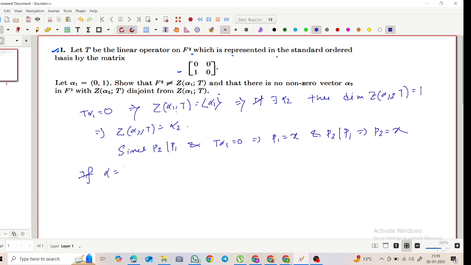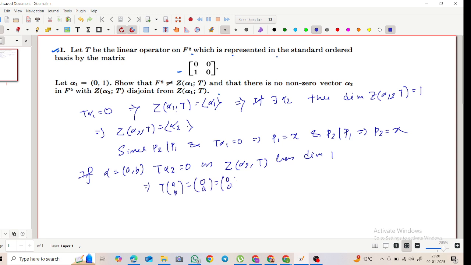So if alpha 2 is a comma b, t alpha 2 is 0 as z alpha 2 t has dimension 1, which implies t of (a, b) is (0, a) equals (0, 0), which implies a equals 0, which implies alpha 2 equals (0, b), which belongs to z alpha 1 t.